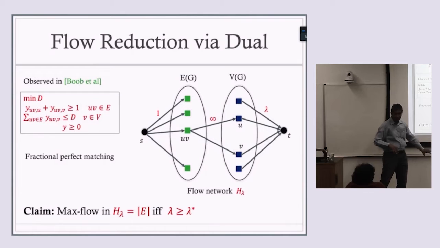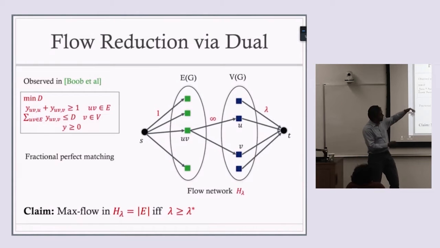On the left side are the edges of the original graph, the right side are the vertices of the original graph. I want to assign each edge to one of its two endpoints. Think of it as either orientation or assignment. You can do it fractionally. I want to split each edge and assign the one unit of the edge to its two endpoints. So you can assign 0.3 and 0.74. What is my goal? I want to minimize the maximum load on any vertex.